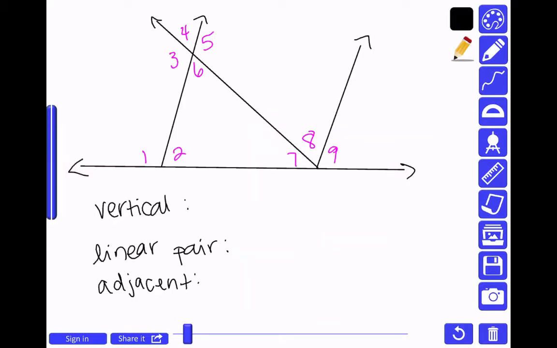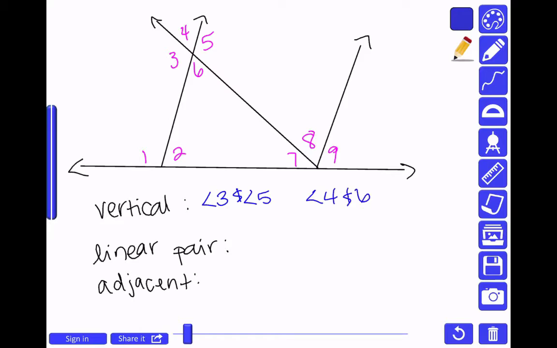All right, so let's look at this diagram and see if we can identify some vertical angles, some linear pairs, and adjacent angles. All right, vertical angles. So I see vertical angles being angles 3 and angle 5, and also angle 4 and angle 6.